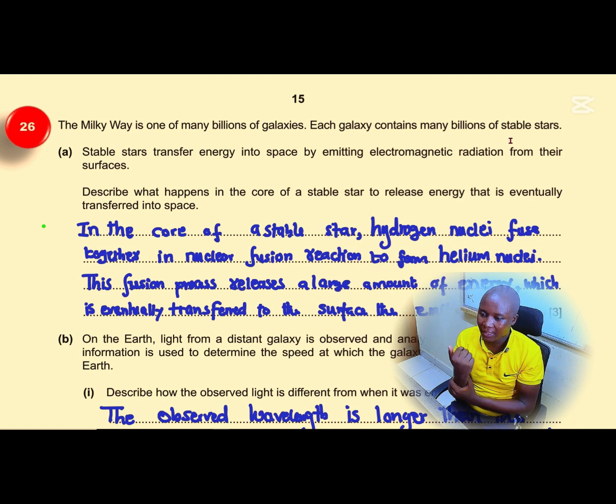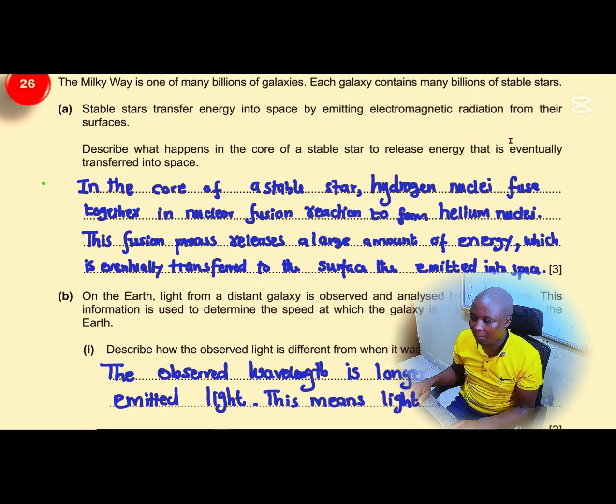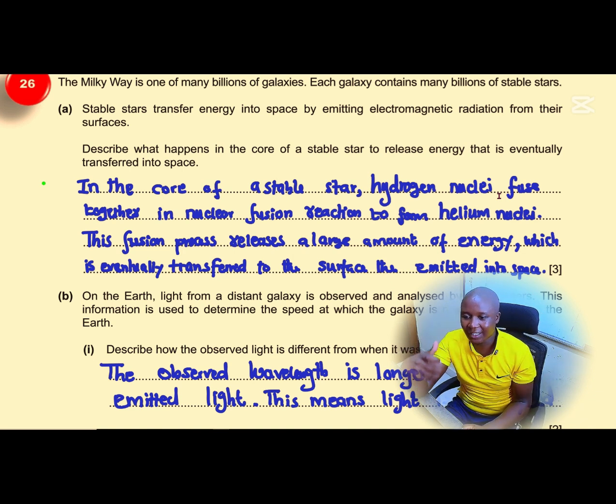Stable stars transfer energy into space by emitting electromagnetic radiation from their surface. Describe what happens in the core of a stable star to release energy. In the core of a stable star, hydrogen nuclei fuse. Fusion reactions are what result in the production of energy for stars.